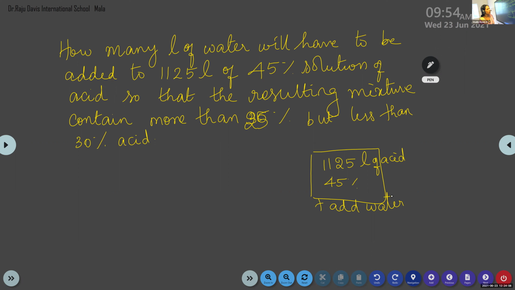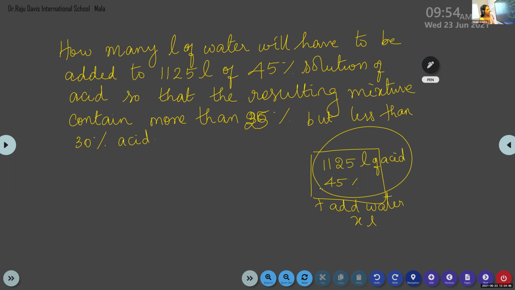Suppose I add X liters of water. What is the condition to be satisfied? The acidic solution should lie between 25% and 30% acid. Acid is 45% now, but after adding water we want it to lie between 25% and 30%.